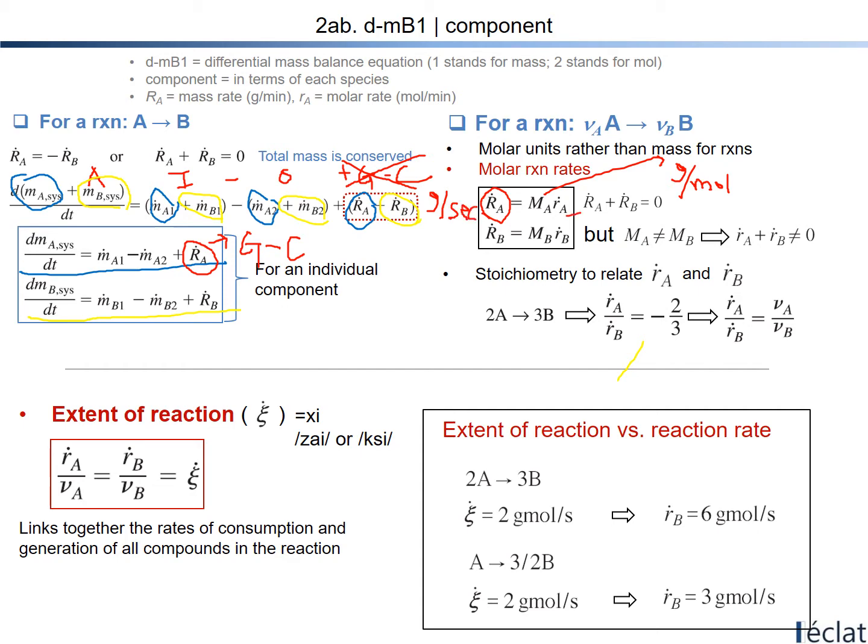And the unit of mole reaction rate is mole per second. So the product of molecular weight and the molar reaction rate is going to, after cancelling moles, gram per second. That is the mass reaction rate.